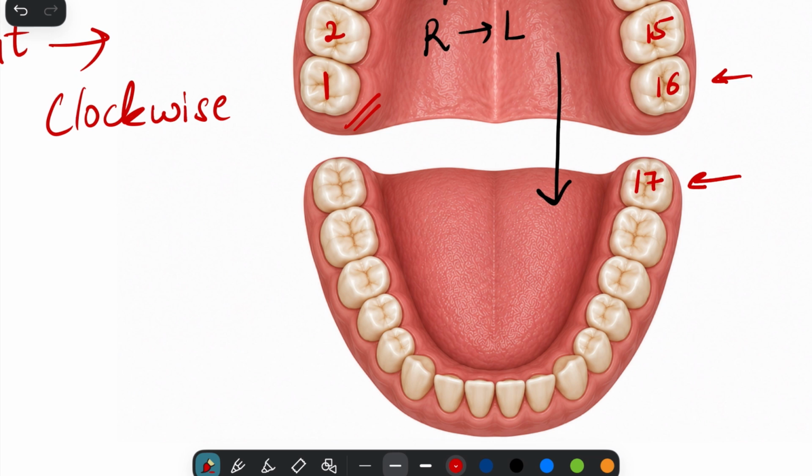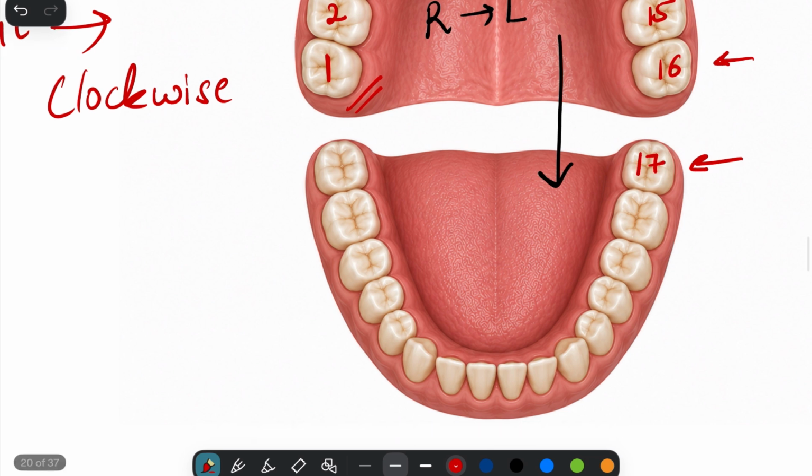Lower left third molar starts with 17. Second molar 18. First molar 19. Second premolar 20. First premolar 21. Canine 22. Lateral incisor 23. Central incisor 24. And here comes the midline.